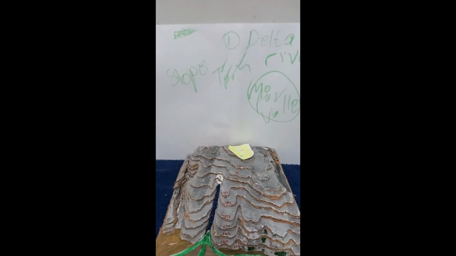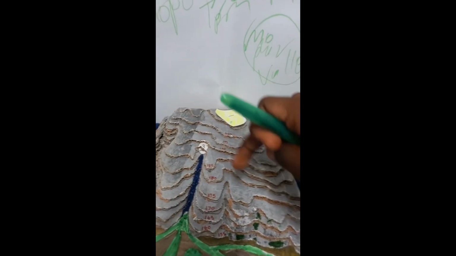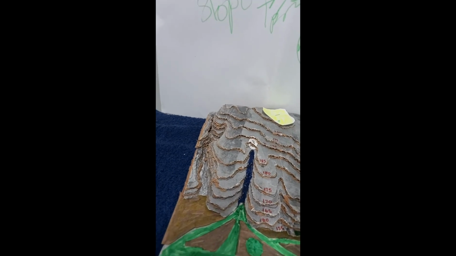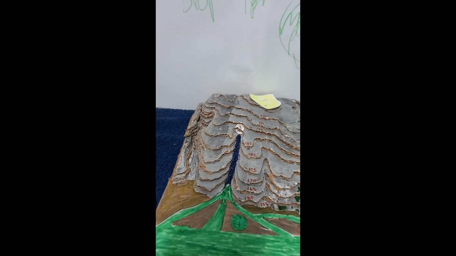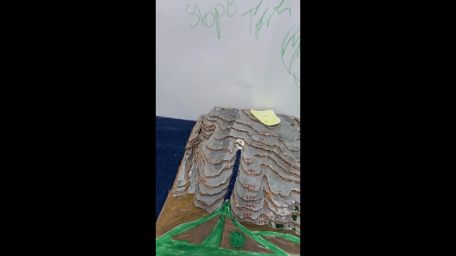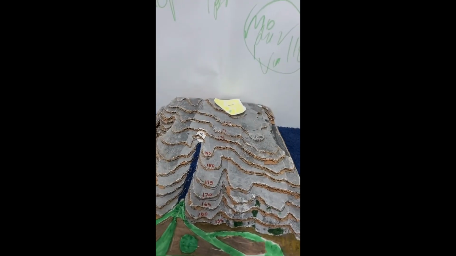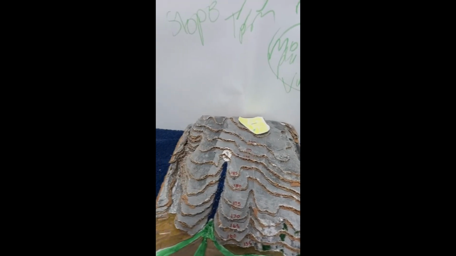I hope you get it. We're going to talk about the slope at the end of this presentation. When you look at the counter now, you can tell the shape of the land. You can name the slope that you see here.